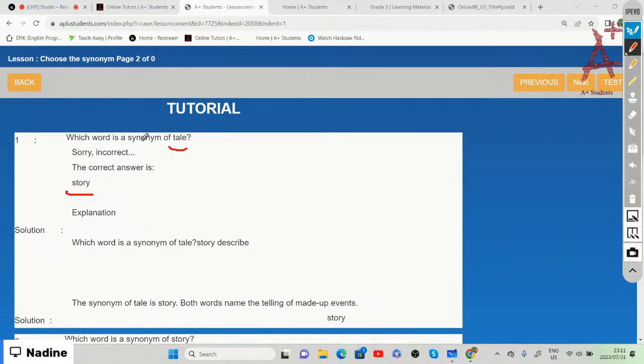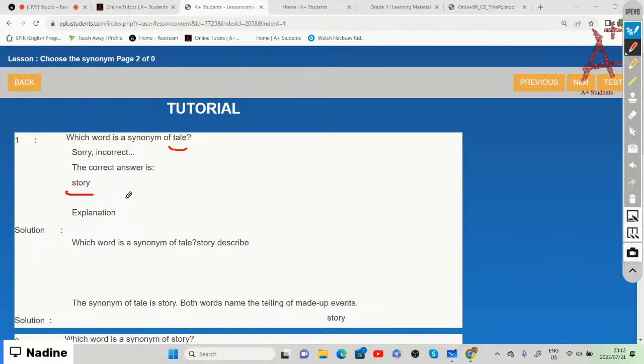Which means that the synonym of tale is story, because both tale and story tell us that it is a made up event. A story is a made up event. A fairy tale is also a made up event. You are telling a made up story, a made up fairy tale.